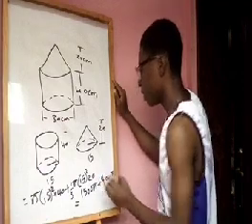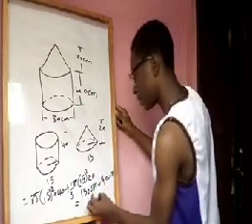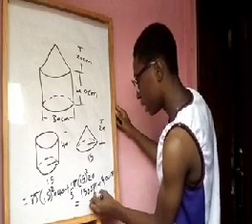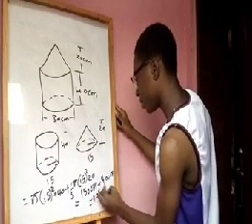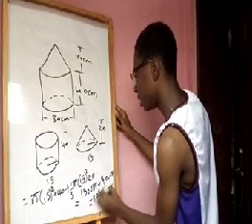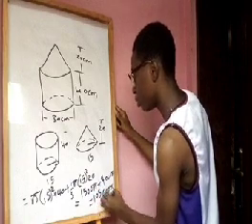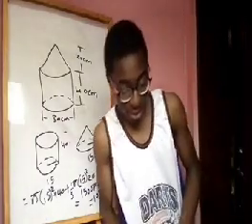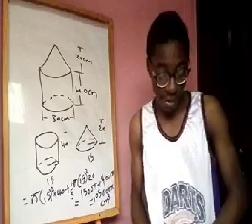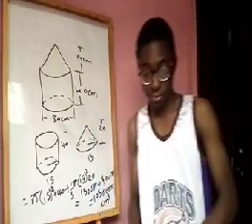When you add everything together, 1500 pi plus 9000 pi, that gives us 10,500 pi, and the unit is centimeter cubed because the unit of volume is cubed. So that will be the volume of the composite, 10,500 pi centimeter cubed.